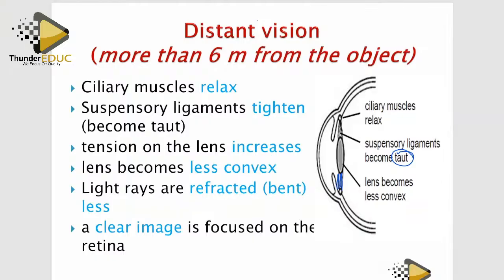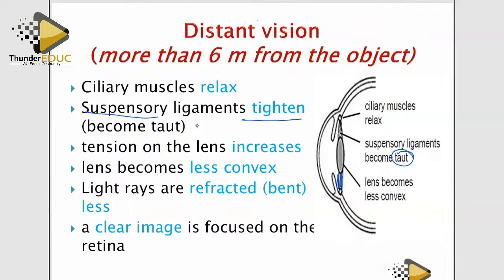Yes. So guys, ciliary muscles will relax. The suspensory ligament will become tightened. That is taut. Yes, the tension in the lens will increase because you are pulling them in opposite directions, and then the lens will become less convex. And once it becomes less convex, the refractive power will decrease.